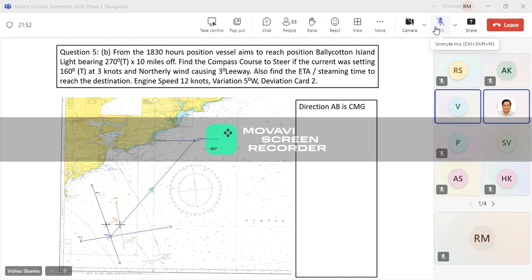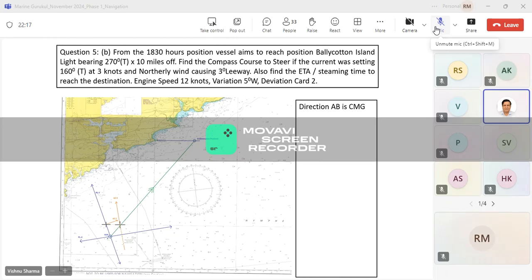Is that clear? Yes, sir. So this question may appear to you like the previous one, but the question has already changed. In the last question, you knew that you have to reach there in 2.5 hours. Here you do not know. You have to find your ETA. It may appear to be the same on the face of it, but the question has already been tweaked.